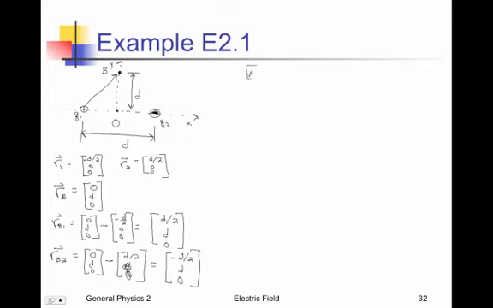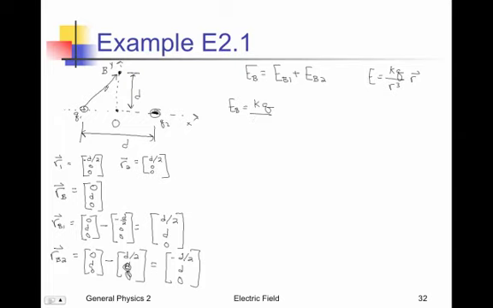So now if I want to find E_B, that's going to equal E_B due to 1 plus E_B due to 2. Remember that the format I'm using is the vector form over r cubed, where r is the length of the vector, and this is going to be r hat. So E_B equals kQ over, and now what is the length of this vector?